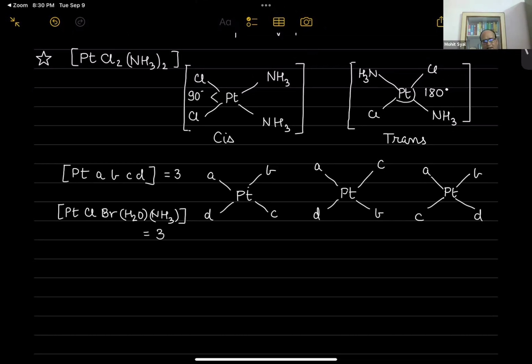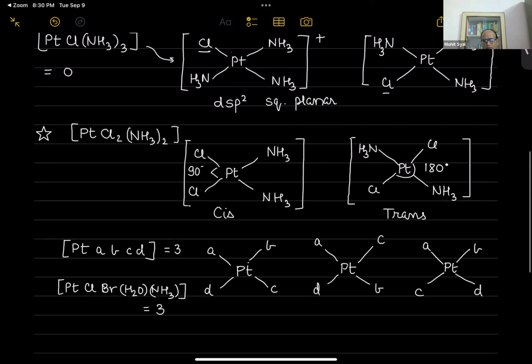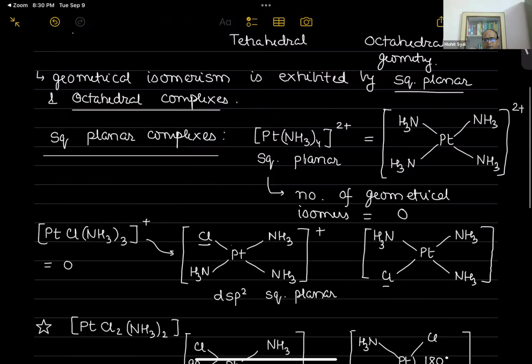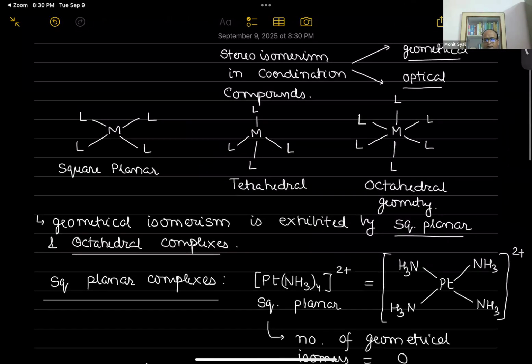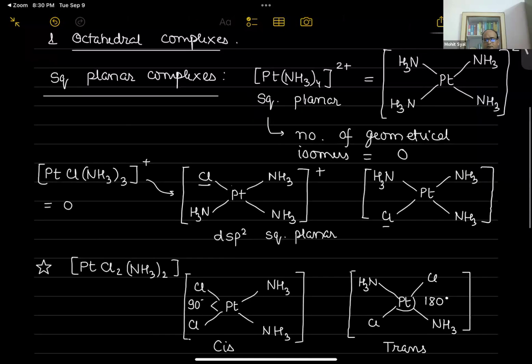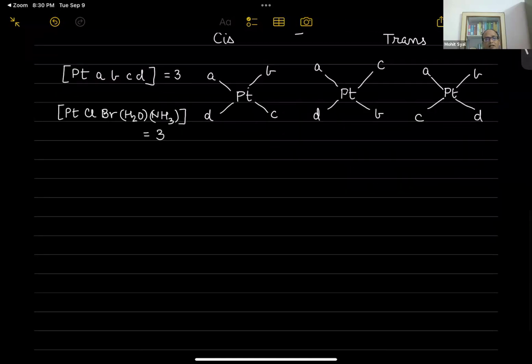Okay. Now the next thing, let's move on to the octahedral complexes. Let me write geometrical isomerism in octahedral complexes.